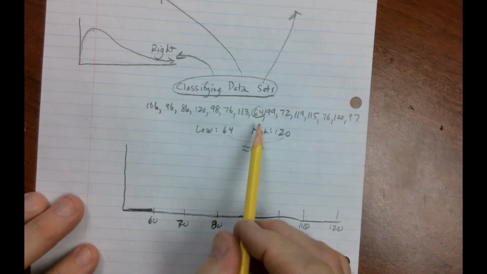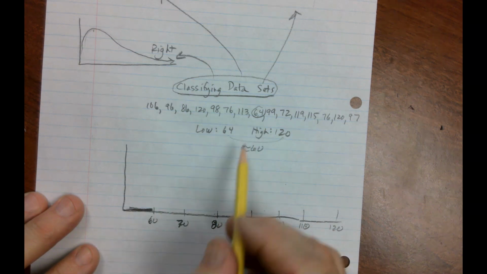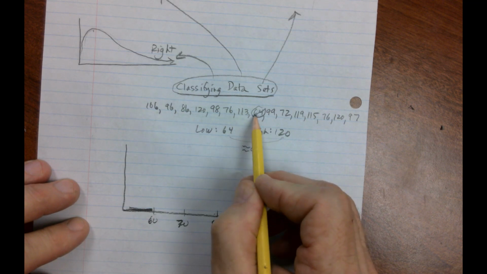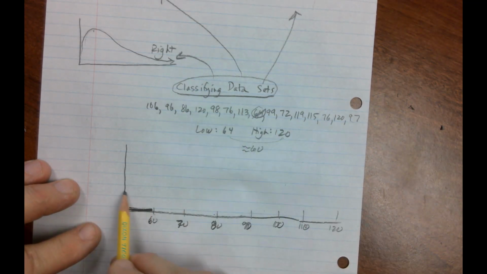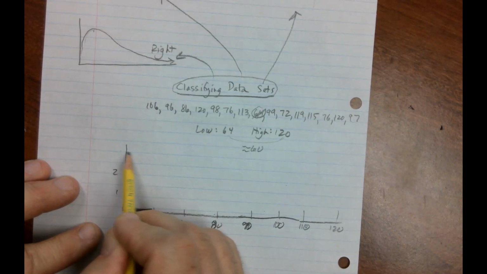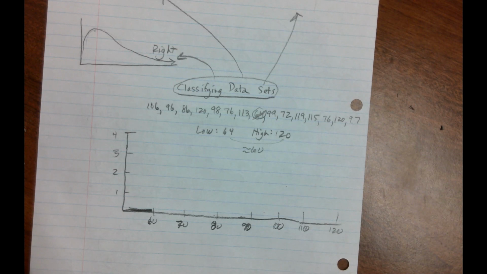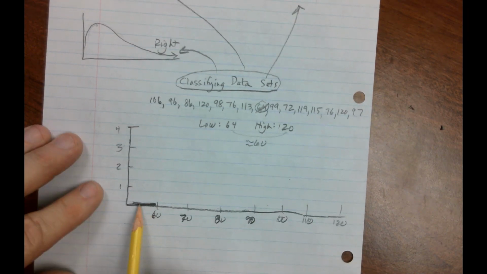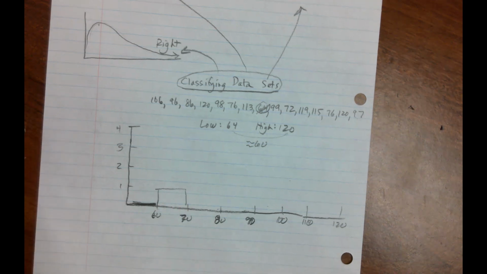Well, none. How many numbers are between 60 and 70? Well, 1. I don't know if this chart's going to be real good or real bad, but we'll make sense of it by the time we're done. So we got none between 0 and 60, and 1 between 60 and 70.